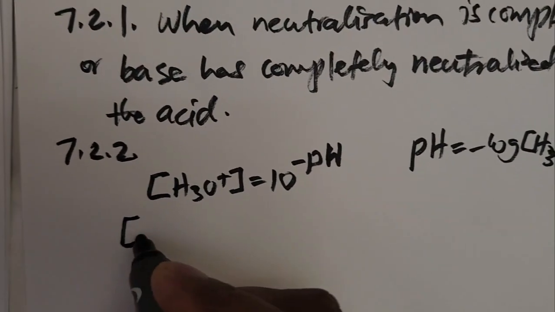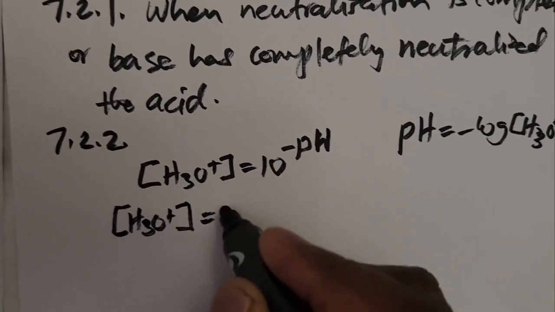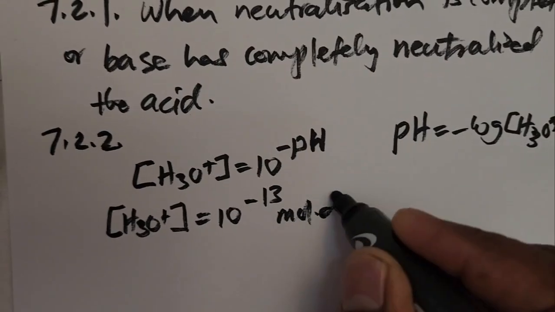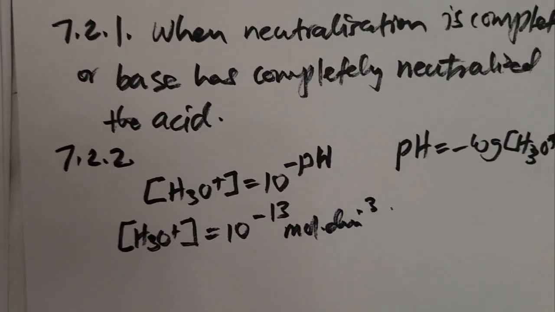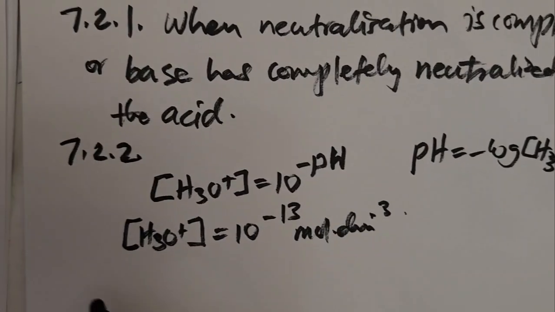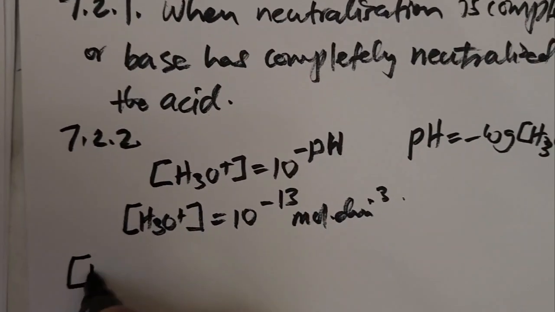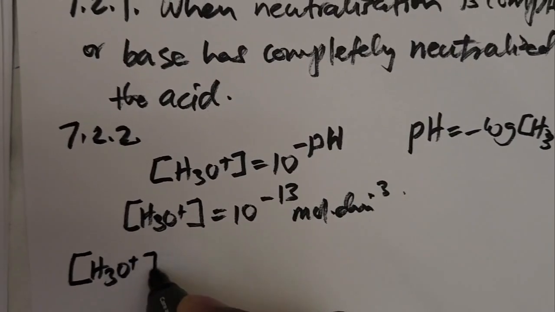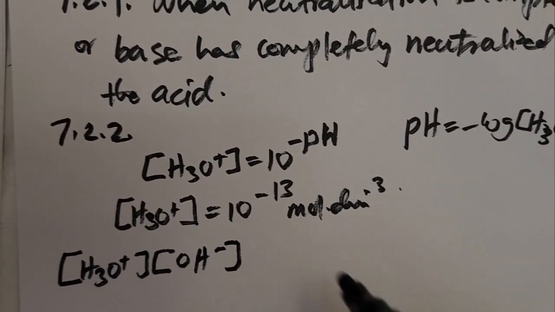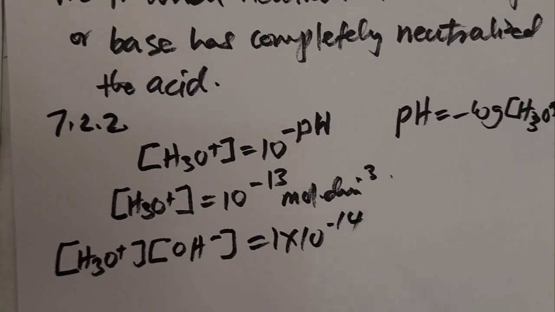Now in this case, the concentration of hydronium ions, when we substitute, will be 10 to the exponent minus 13 mol per dm cubed. We take this concentration because we are given a base, so we must find that of the base. We start with OH minus. According to Kw, the hydronium ion concentration multiplied by the hydroxide ion concentration equals 1 times 10 to the exponent minus 14.